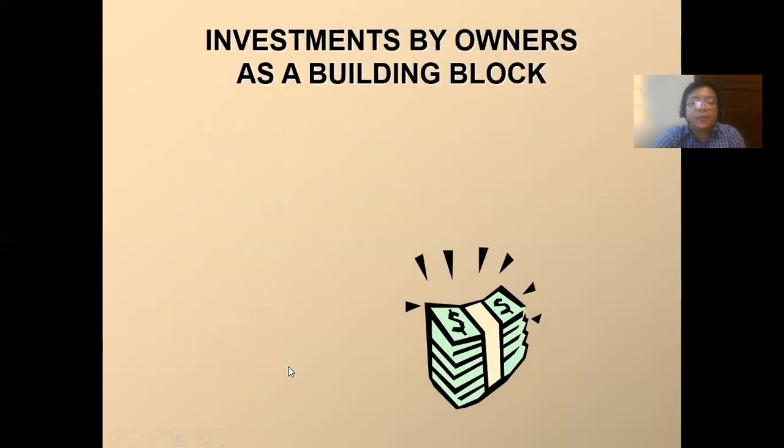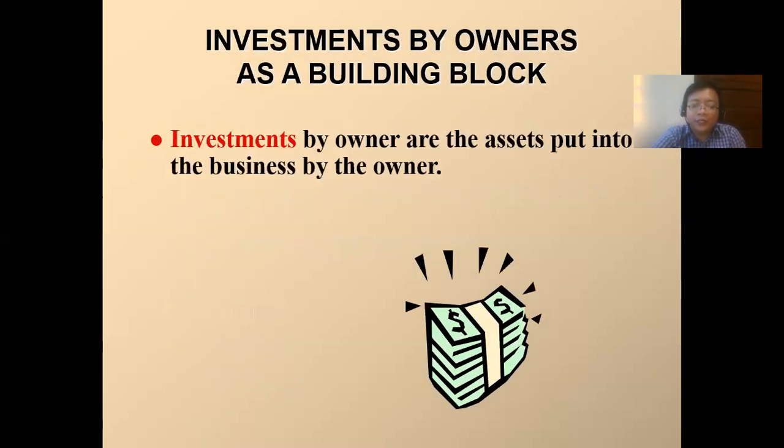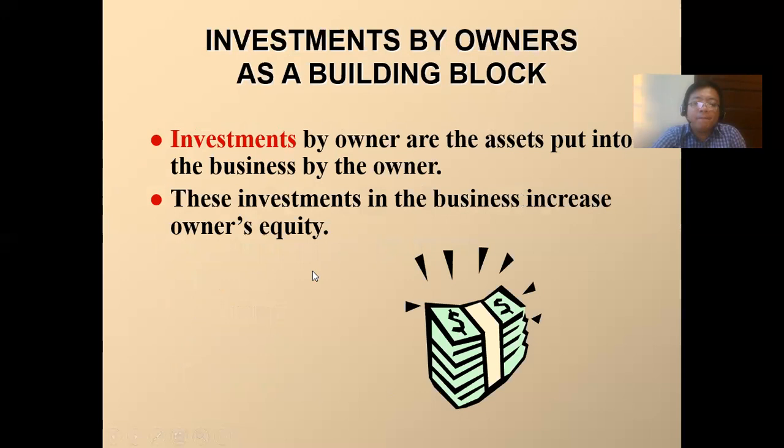So investment is also part of your assets, wherein it is an addition to your assets. Investment by the owner refers to the assets put into the business by the owner, and this investment increases the owner's equity. You increase cash and at the same time you increase your owner's equity.